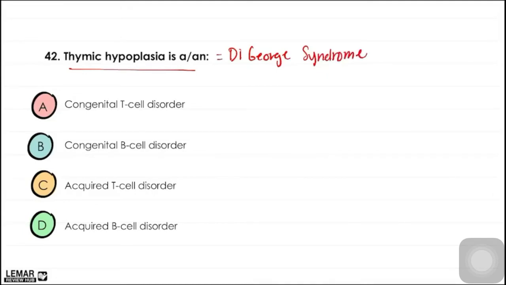DiGeorge syndrome is a disorder resulting from a mutation in chromosome 22. This is a T cell defect.